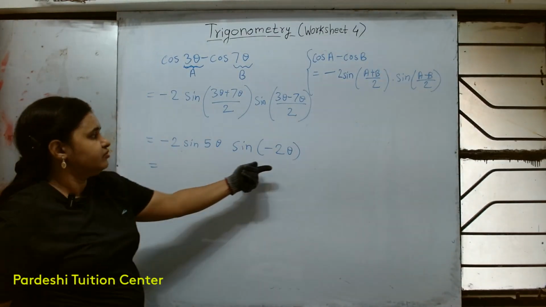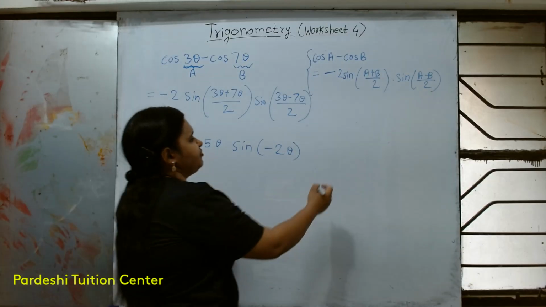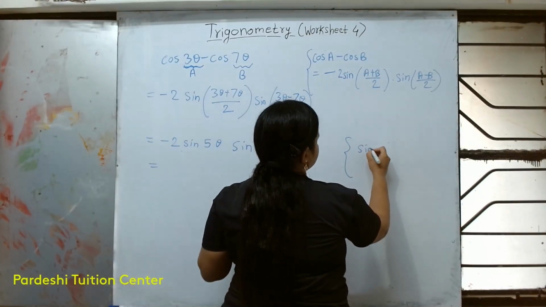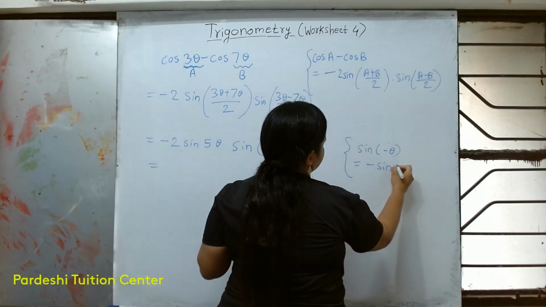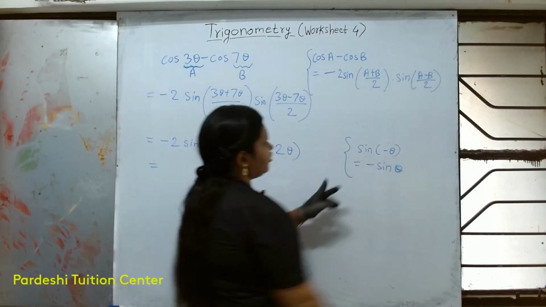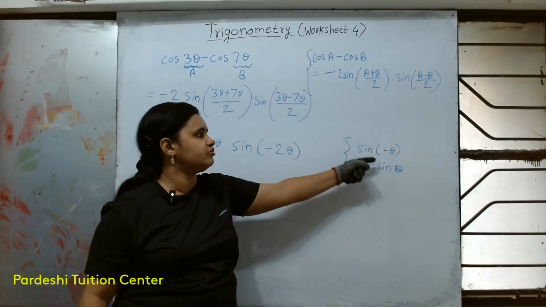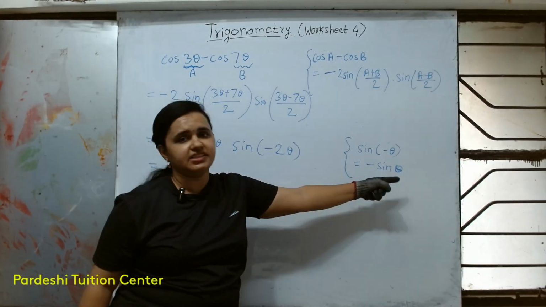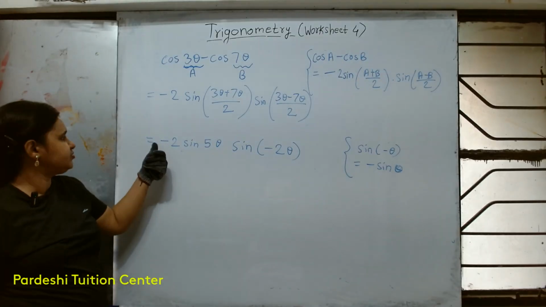Now here it is sin of minus 2 theta. Sin of minus theta is always minus sin theta. This is the formula. We can write sin of minus theta as minus sin theta. So if I take minus common from here, minus will get plus.